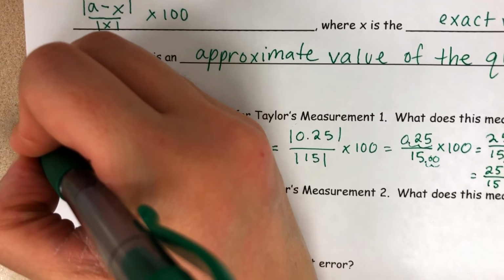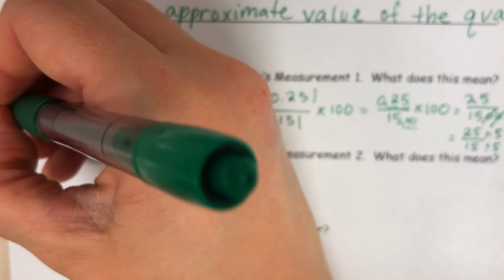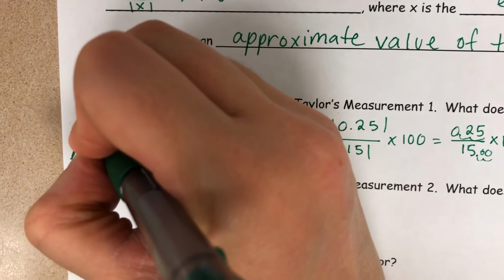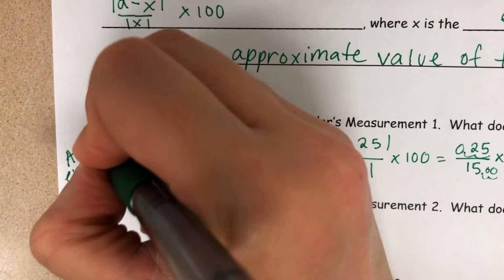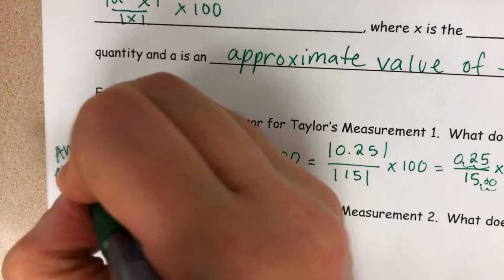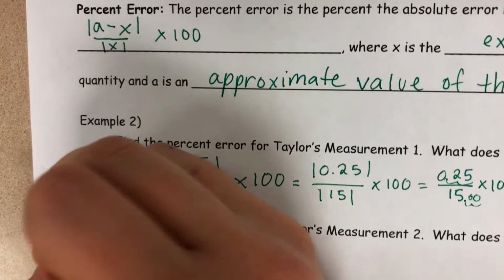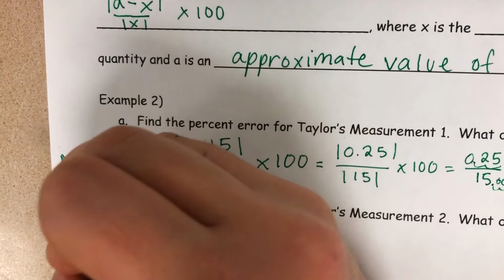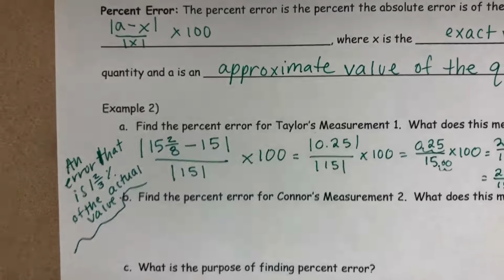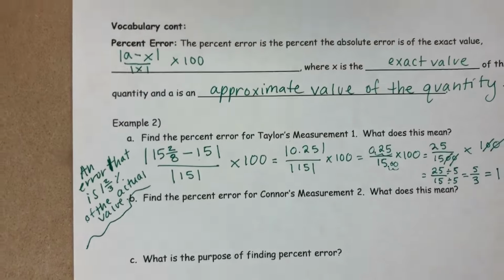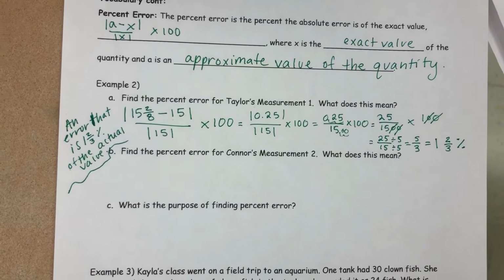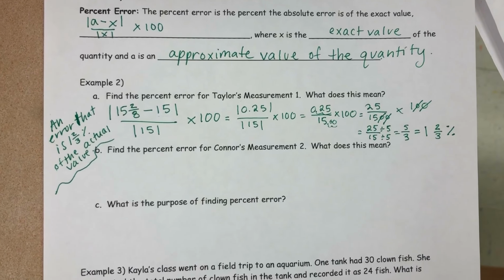So her measurement has an error that is 1 2/3% of the actual value. That's what Taylor's measurement 1 is. She has an error that is 1 2/3% of the actual value.